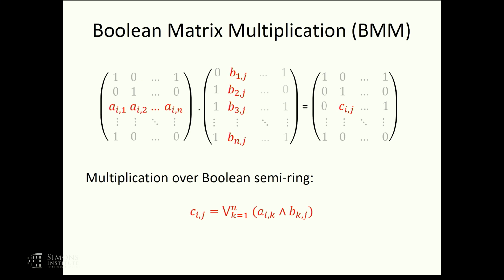You take the row here and the particular column here, and instead of multiplication, you take AND, and then you take OR over all of these. So this is what we mean by Boolean matrix multiplication, and we would like to understand it a little bit better.